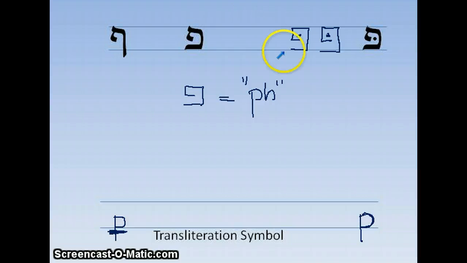And again, that line kind of represents the removal of the dagesh there. So let me just draw lines of equivalence. The pei, with the dagesh, is going to be like a P. The F sound is going to be drawn like this.